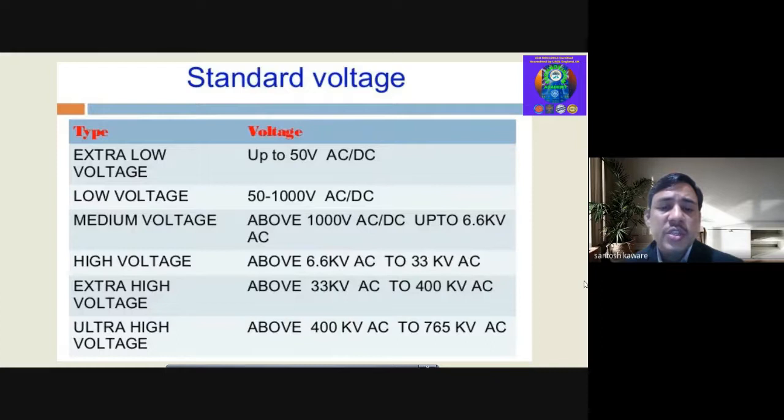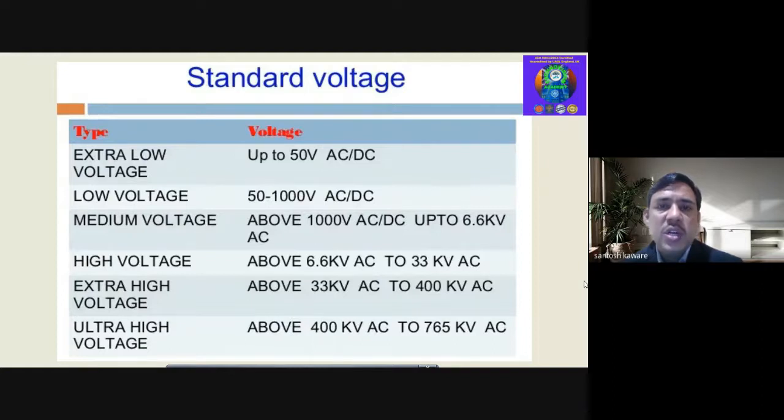Or we can say, especially 6.6 kV to... we cannot take 33 kV also, because people have now started 33 kV connections with the EHV. They are treating it in the EHV band. So we can take the voltages which are less than 33 kV as high voltage.